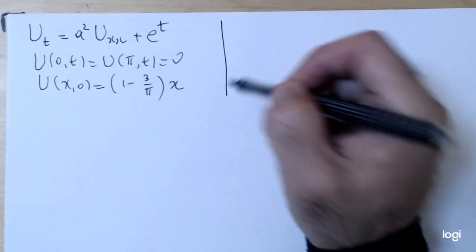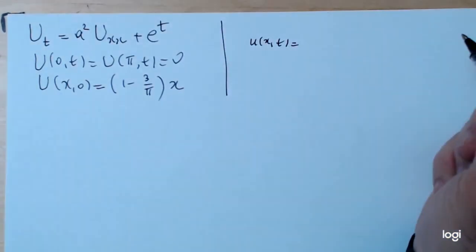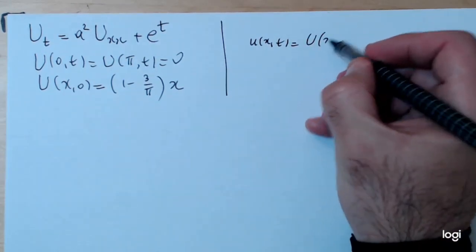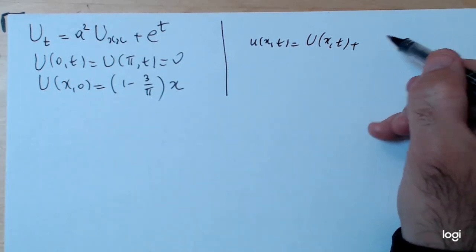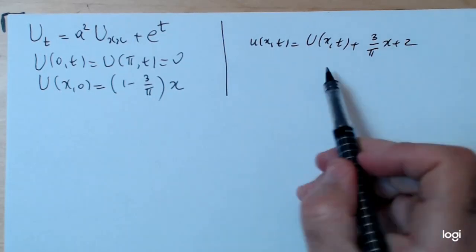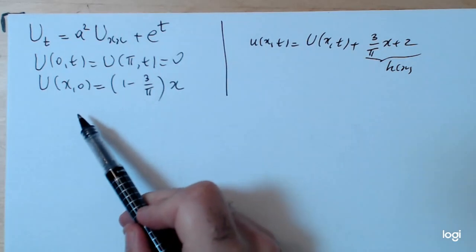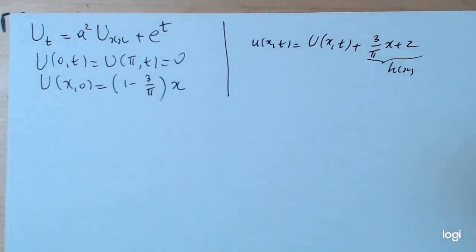And don't forget that my original dependent variable is big U of xt plus h of x, which again we determined to be 3 over pi x plus 2. So when I'm done with solving big U, I'll have to add h of x, and then that's the solution to the original problem.